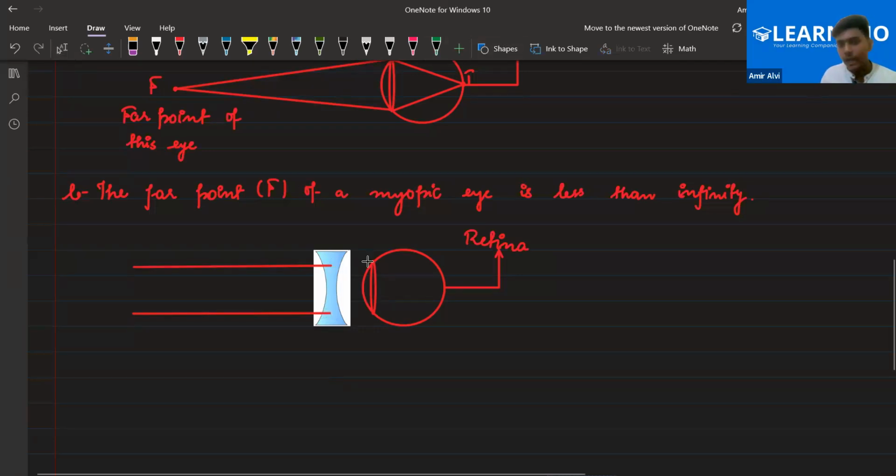The concave lens diverges the rays, right? Okay, no worries.